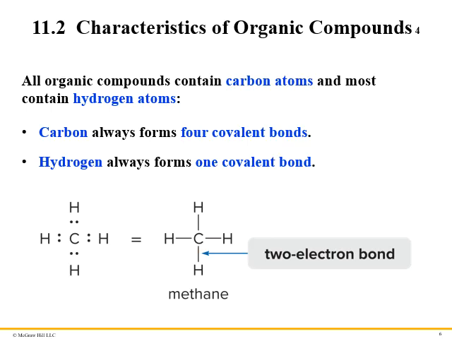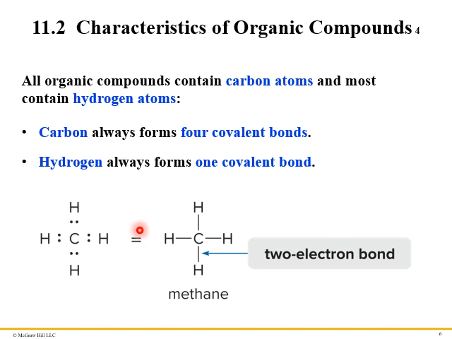All organic compounds contain carbon atoms, and most of them contain hydrogen atoms. A few things to note, some general observations. Carbon, because of the way the electrons are arranged, or its valence, will always form 4 covalent bonds. Hydrogen, on the other hand, will always form just 1 covalent bond.